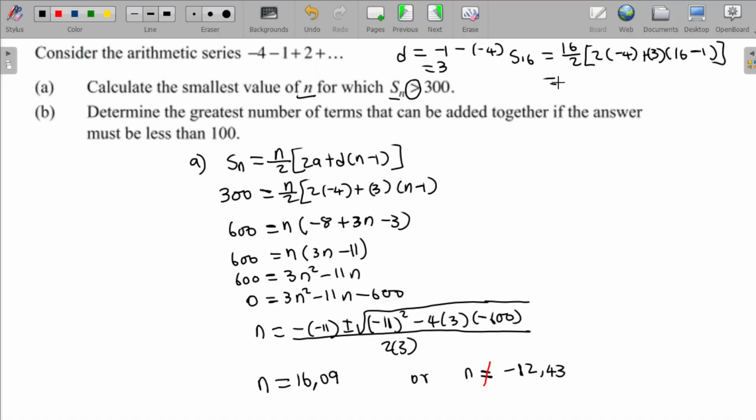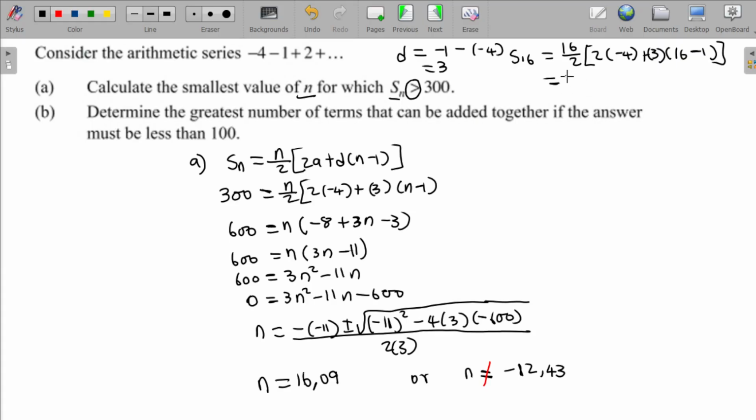Let's see what answer we get. You don't have to write down what I'm writing here; I'm writing it so that we understand what is happening. 2 into negative 4 plus 3, and then 16 minus 1.